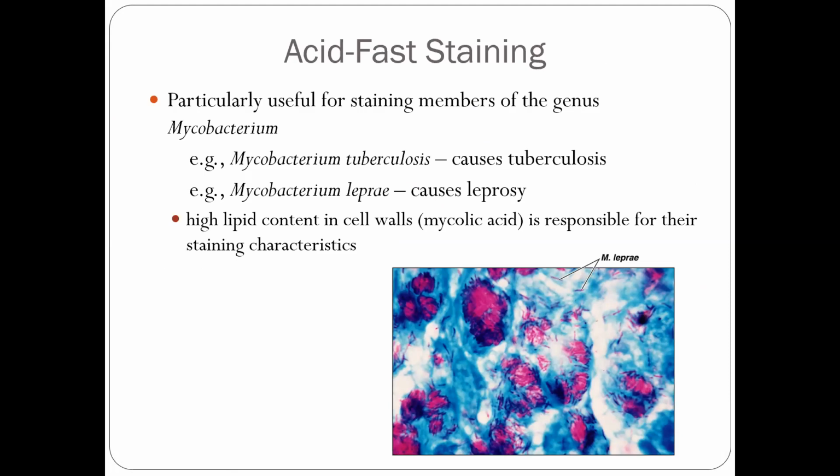We have to use carbol fuchsin with heat steaming to let the dye go inside. And this is used for testing Mycobacterium tuberculosis. We know tuberculosis causes a severe lung disease, okay? And Mycobacterium leprae will cause leprosy, which is actually bone fraction.